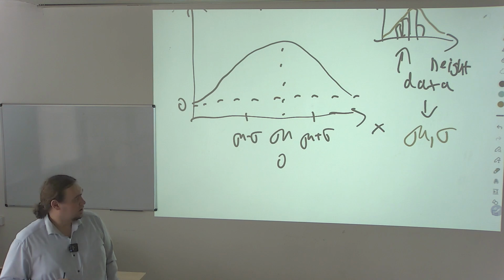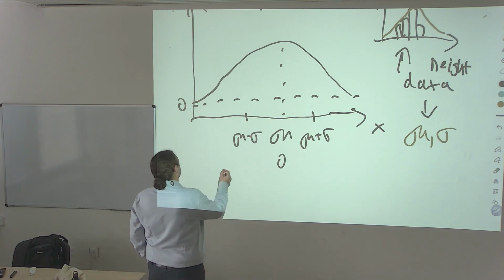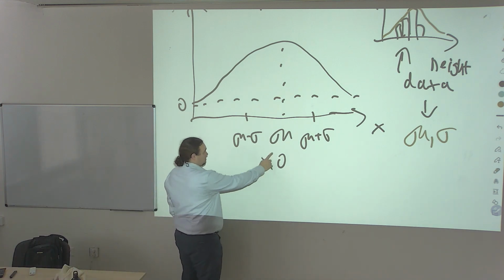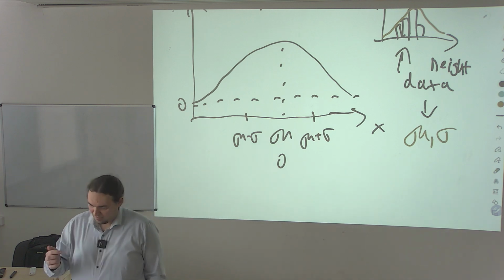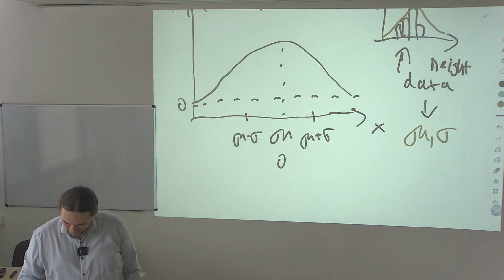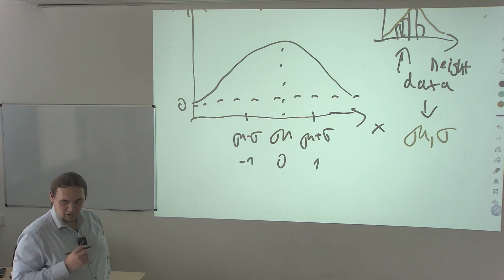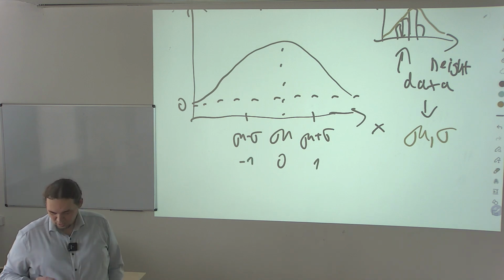So we can then take this standard deviation, it's a constant, yeah? So for our standard distribution, this will be -1, this will be 1, in case the standard deviation is equal to 1.